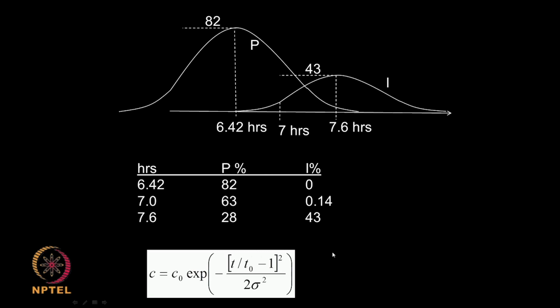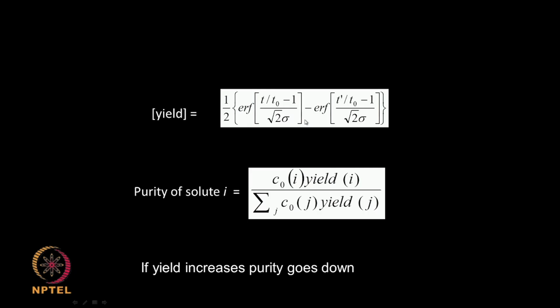So, we have two equations, we will have two sigmas, and then from there we calculate the yield, we calculate the purity, depending upon whatever time I want to collect. Okay. So, yield is given by this. If I am collecting sample from T dash up to T time, then yield will be given by this.